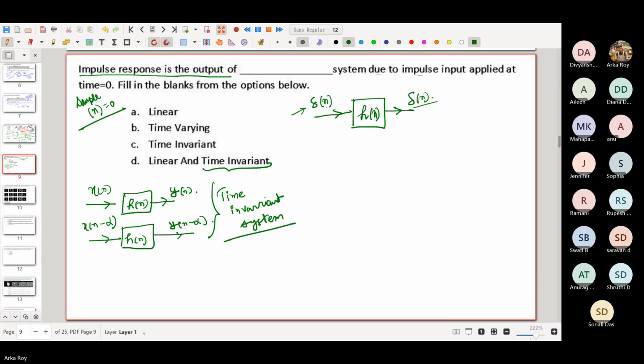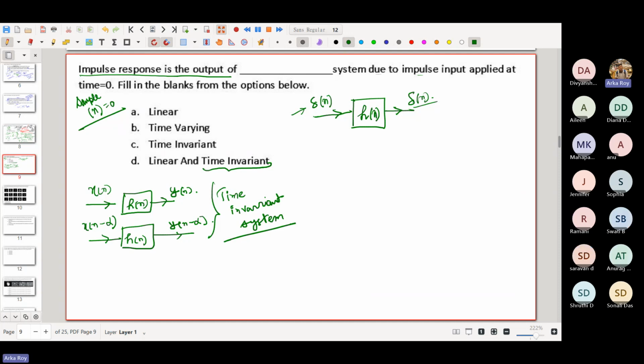Okay, now the time invariant system over here, let us see. You have given a delta which exists at time t equals 0 only. So you can see that you have given signal delta n over here, and you get the output which is also a delta n, also residing at n equals 0.